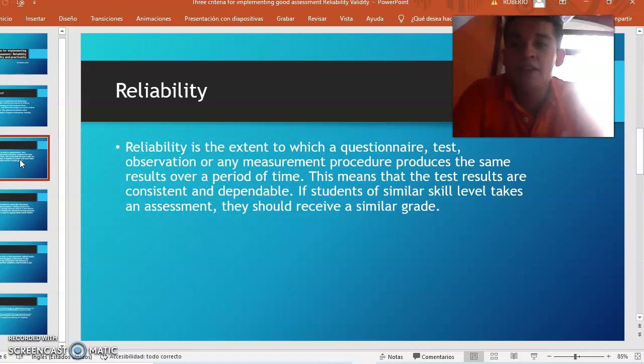Reliability measures basically if learners take the test twice. By having learners take a test twice, this measures the fact that the student is going to have the same score or close enough score.